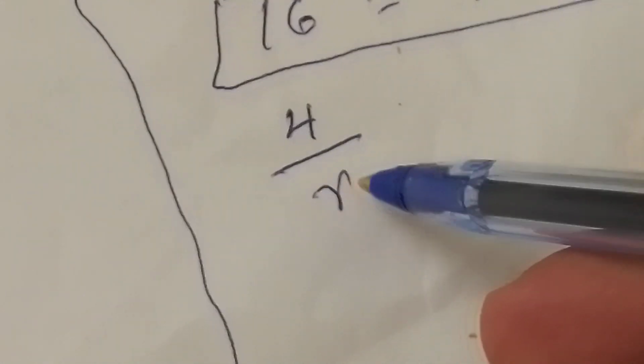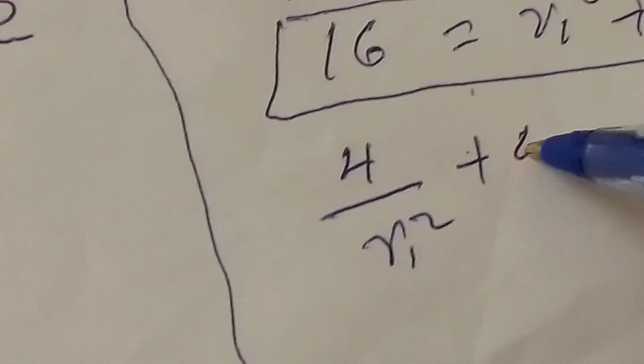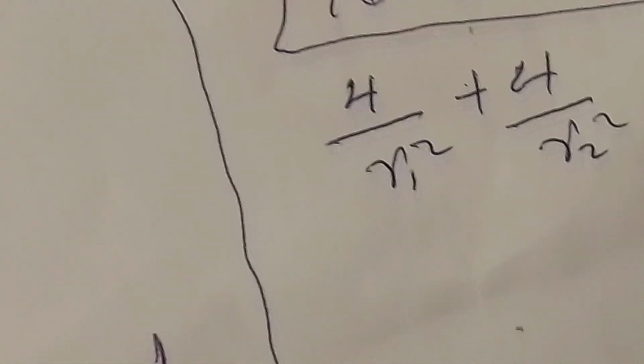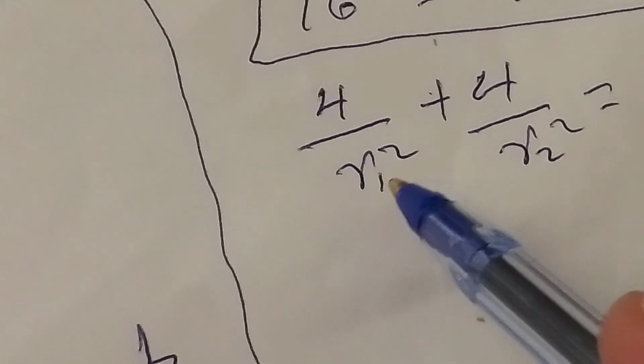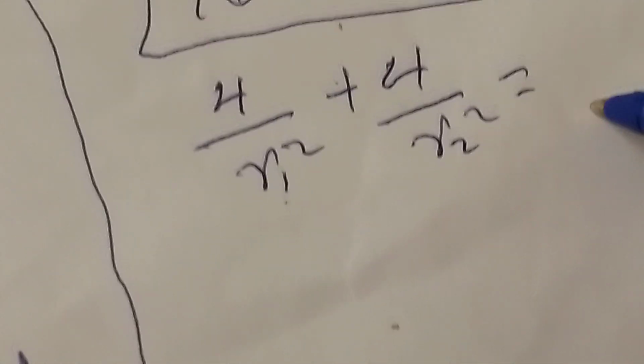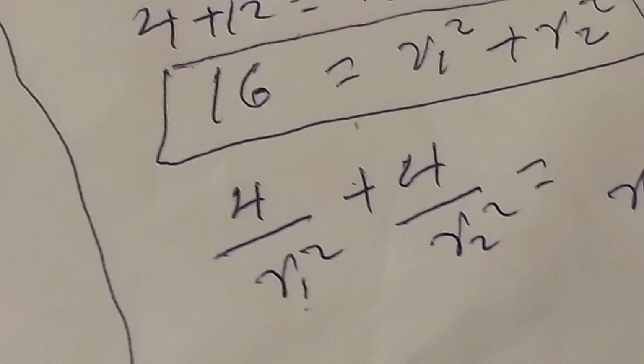As for the remainder, the required expression is 4 over r1 square plus 4 over r2 square, which means the LCM of r1 square and r2 square is the product, r1 square times r2 square.